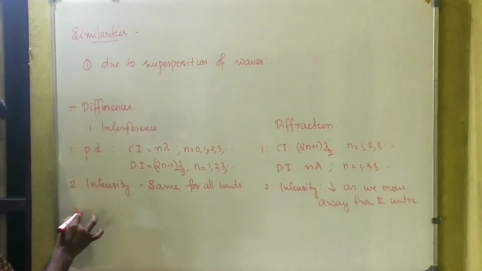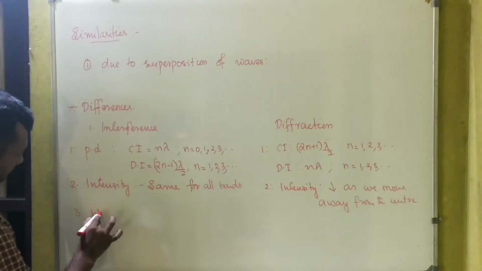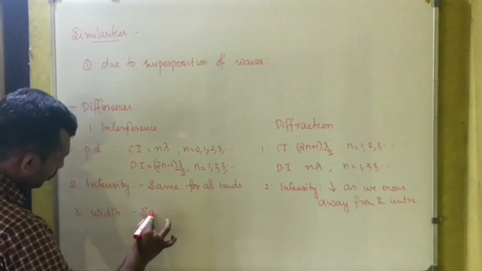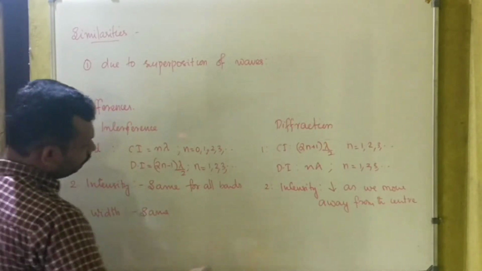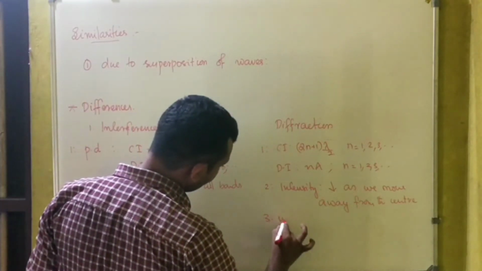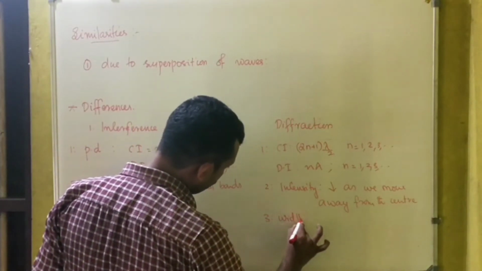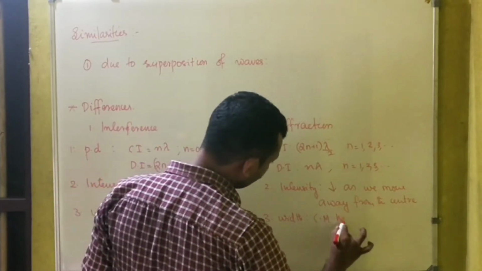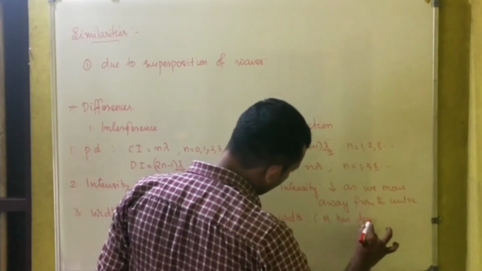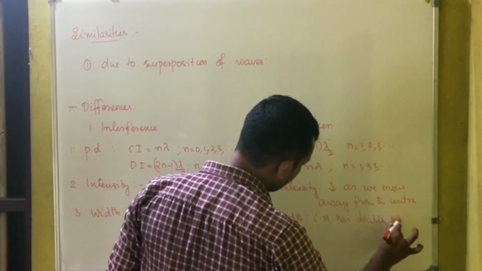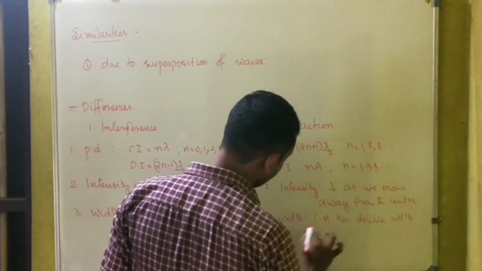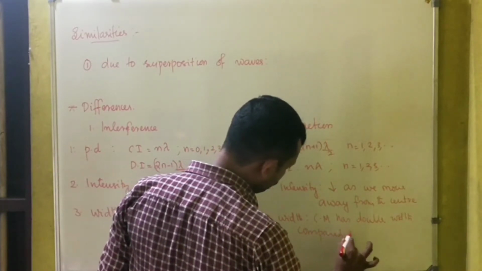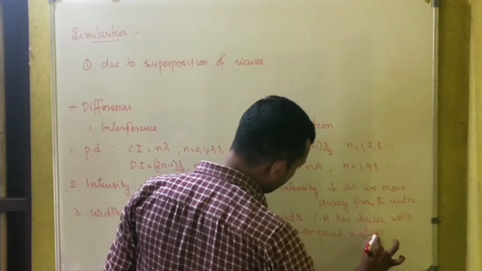Then coming on to the width. Same for all bands, right? What about the width here? Central maxima has double width compared to all other maxima.